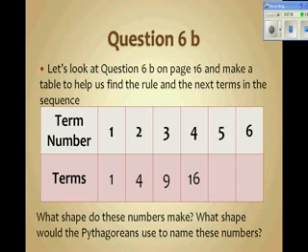The third one 9, and the fourth one 16. Can you make a regular shape with these number of squares? What do you think the Pythagoreans named this sequence?